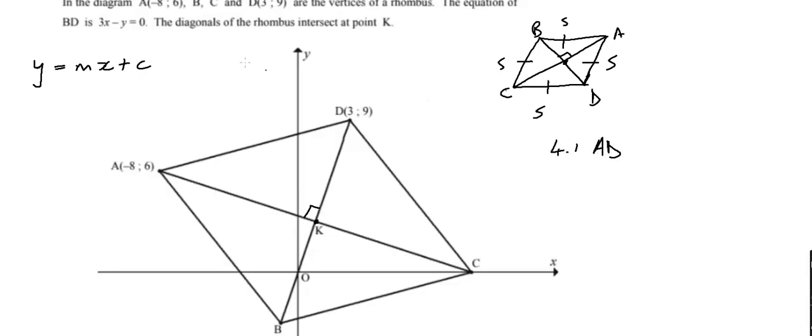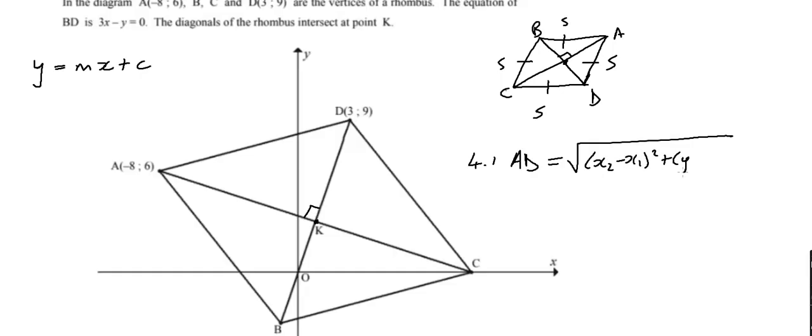AD, if you remember the formula very well, says it's the square root of x2 minus x1 squared plus y2 minus y1 squared. We do the same thing.